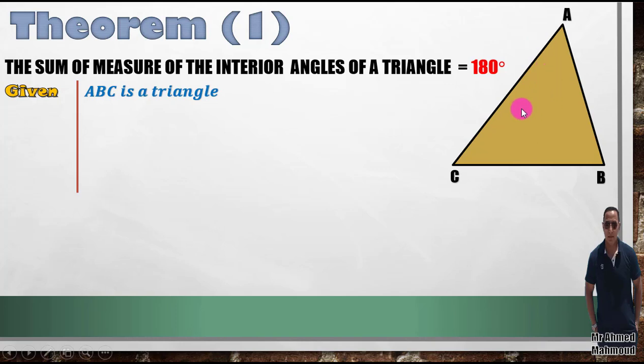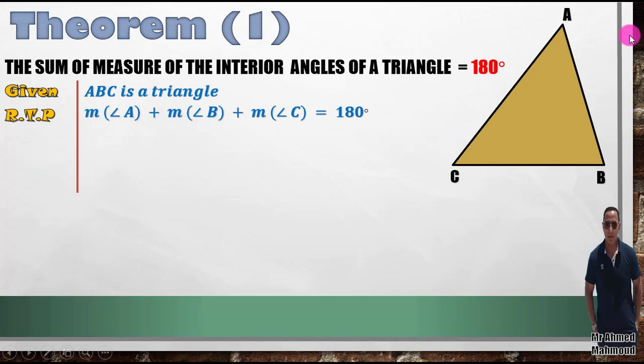So I need a new tool. This tool, I'm going to draw a straight line here, but this line, I need it to be parallel to BC like this. Okay, what is the required? The required, I need to prove that angle A plus angle B plus angle C equal 180.